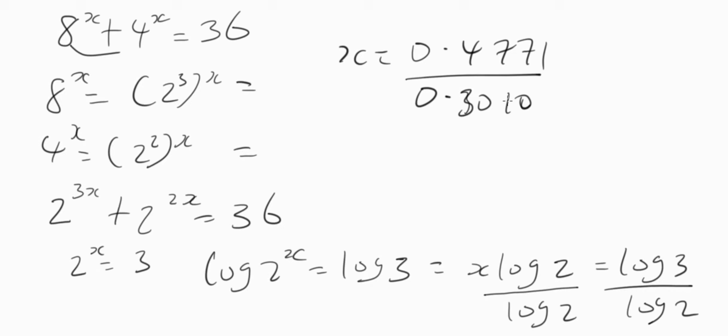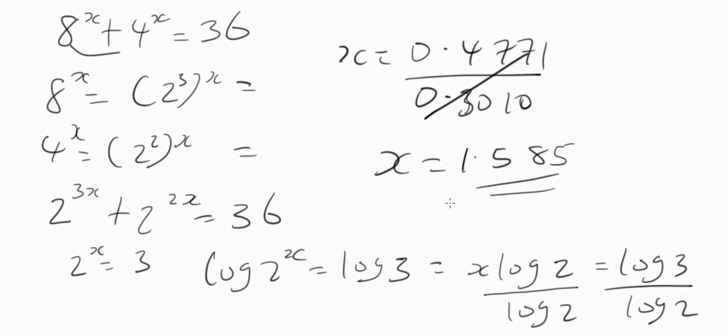So the final result, when you divide this, our x will be 1.585. What this means is that when you plug in the value of x being 1.585 into the original expression on the exponent side, you're going to have the output to be 36 thereabouts. Okay, so that will be the answer to this question.